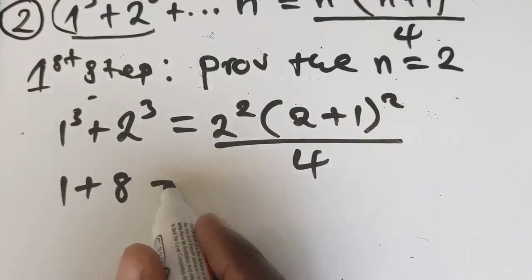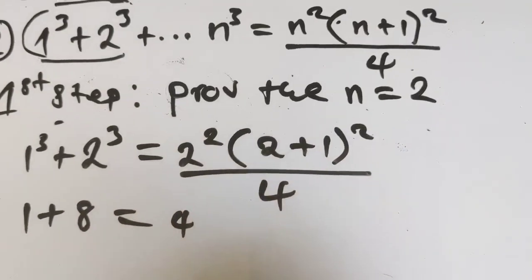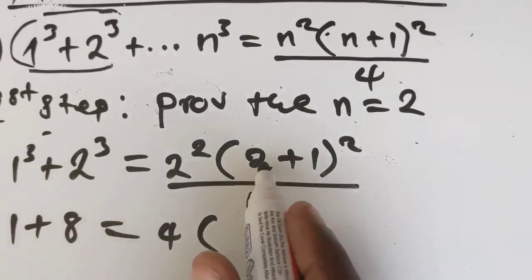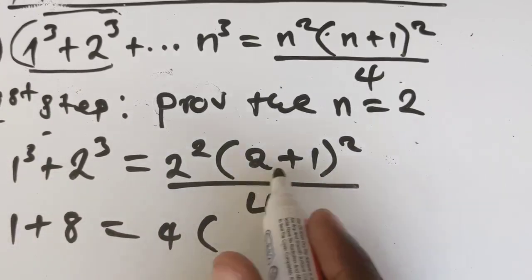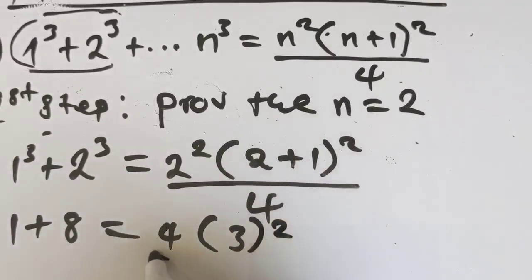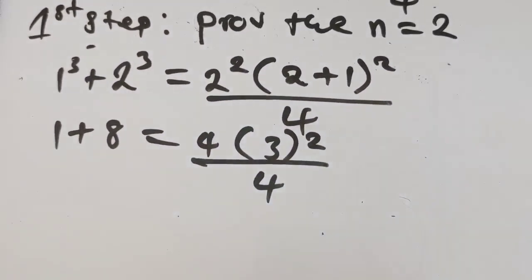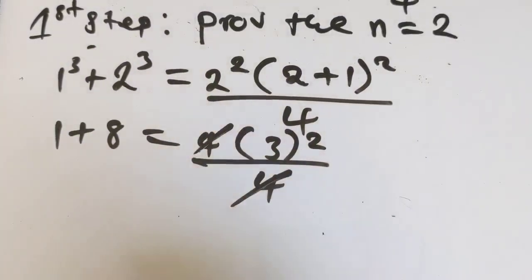Then 2 to the power 2 is 4. Then open bracket, 2 plus 1, that is 3, then you are squaring it, over 4. Then this 4 can go.